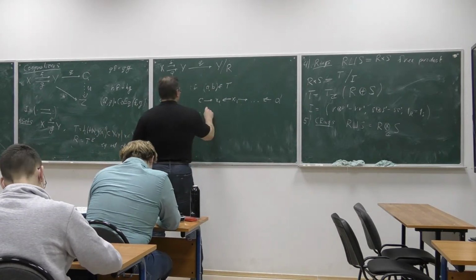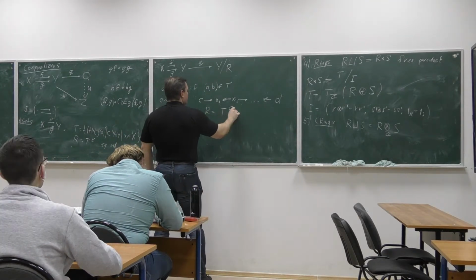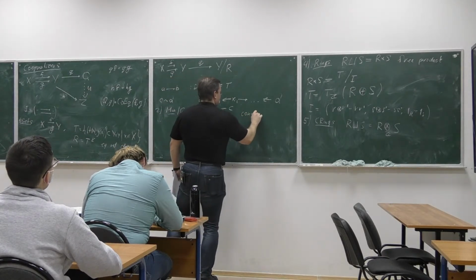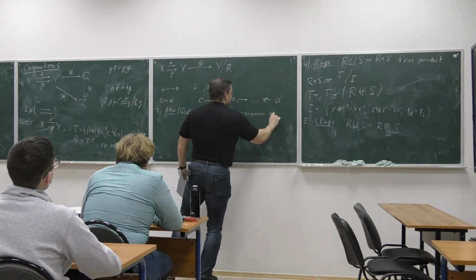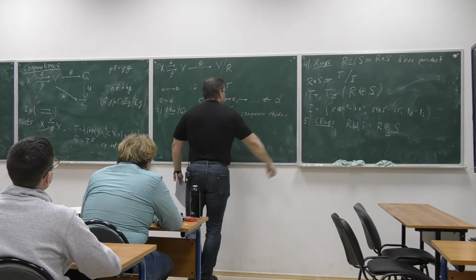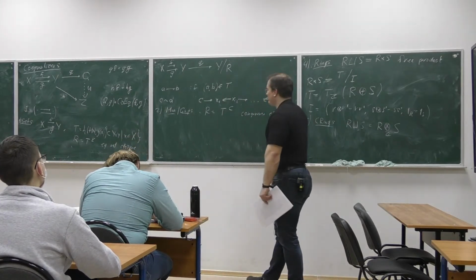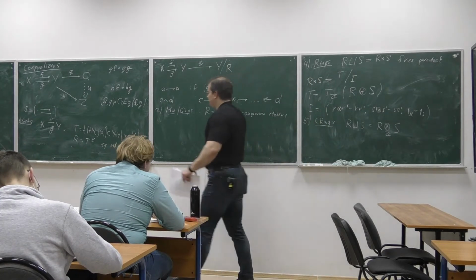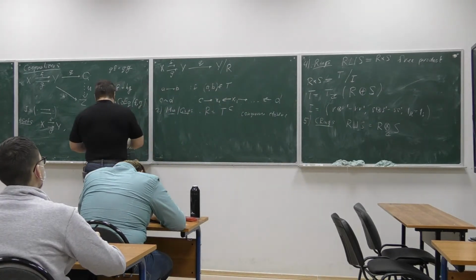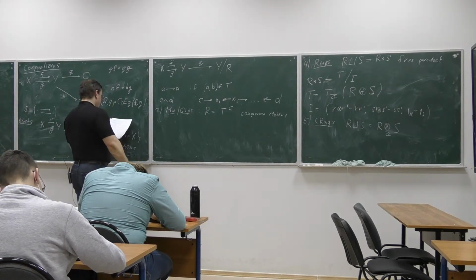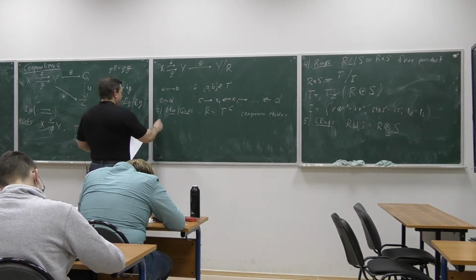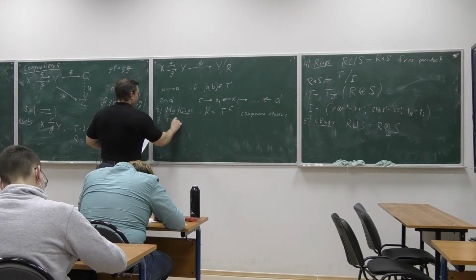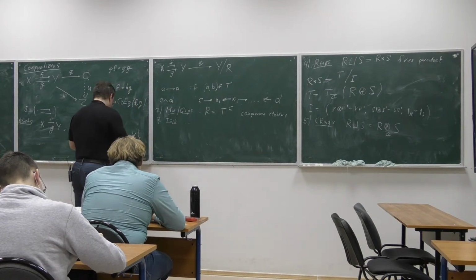So in this case, R will be the congruence closure, meaning it's not just an equivalence relation, it also has to respect the binary operation. You can do this in topological spaces with the quotient topology. So for topological spaces, everything is nice.